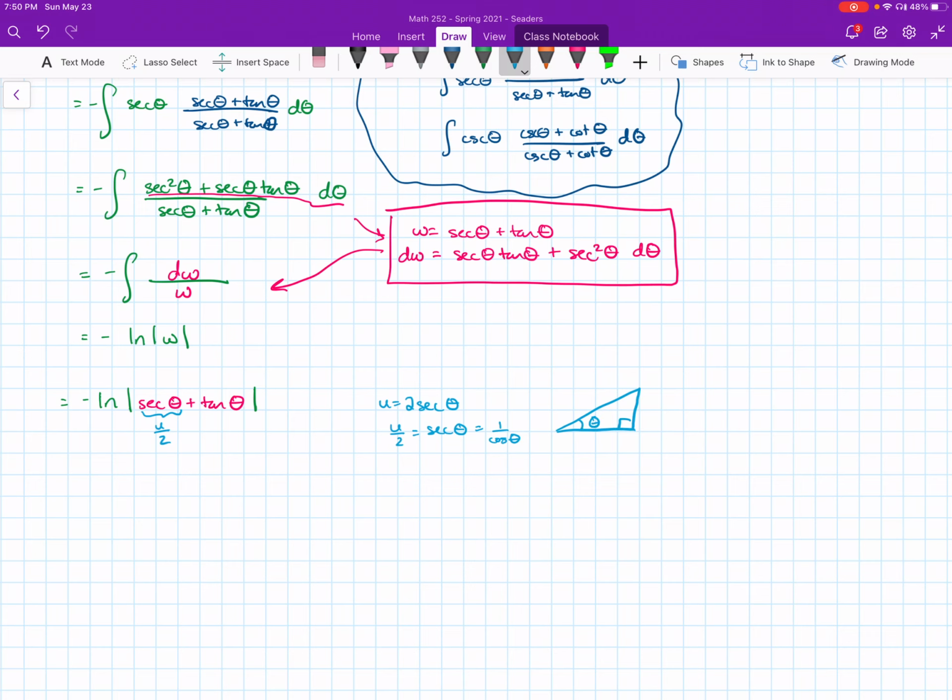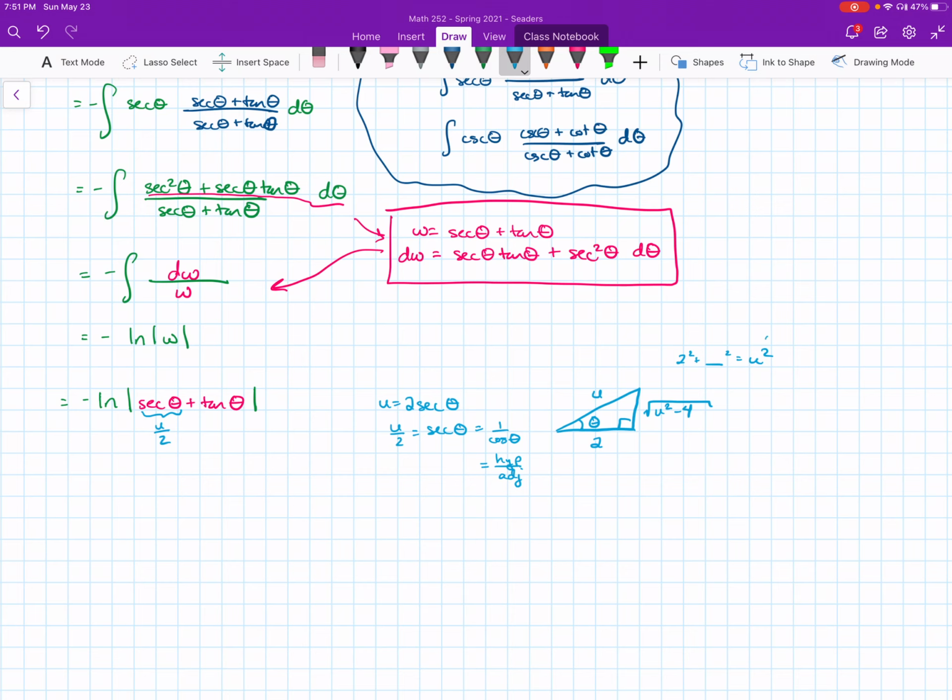So I have a right triangle with angle theta and 1 over cosine. So the reciprocal of cosine is u over 2. Cosine is adjacent over hypotenuse, so 1 over cosine will be hypotenuse over adjacent. So the hypotenuse could be u, the adjacent could be 2. Of course, that means that 2 squared plus my other leg squared is equal to u squared. So this other leg is the square root of u squared minus 4.